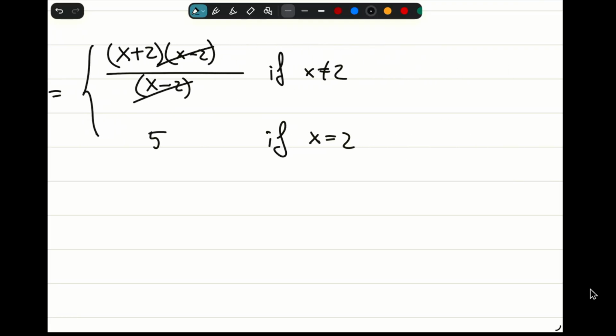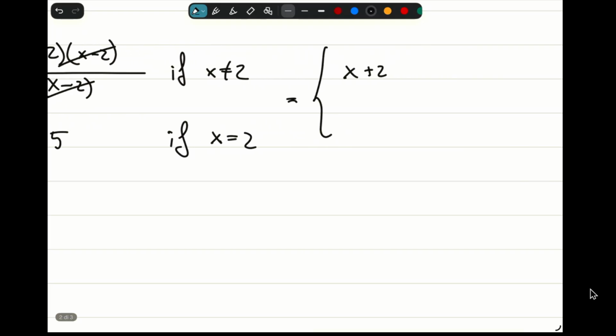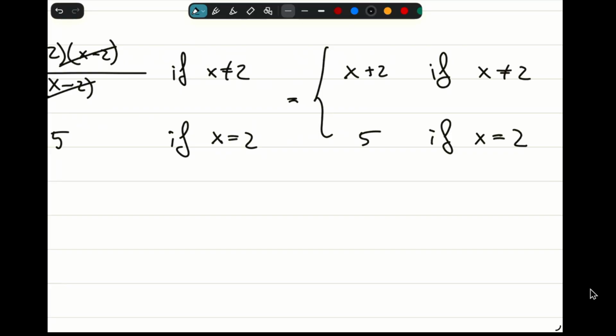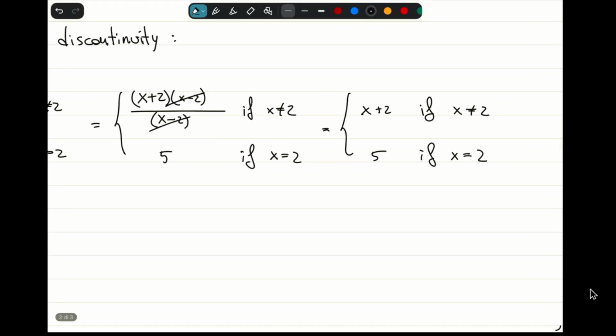We're going to cancel the common factor on top and bottom, and we'll be left with x plus 2 if x is different than 2, and 5 if x is equal to 2. I'm starting to mix up the words a little.